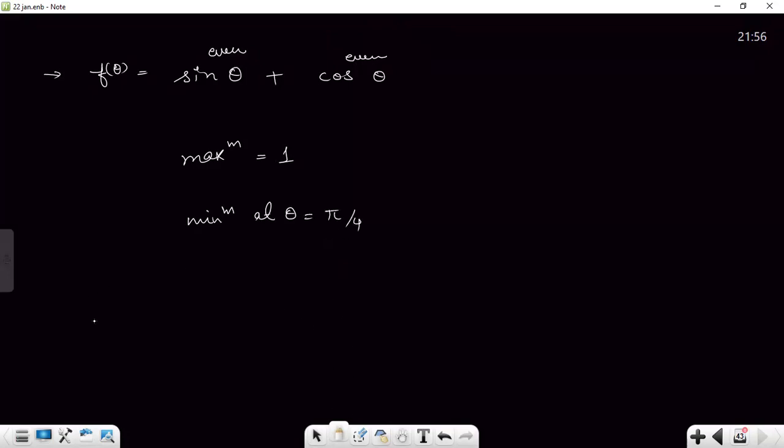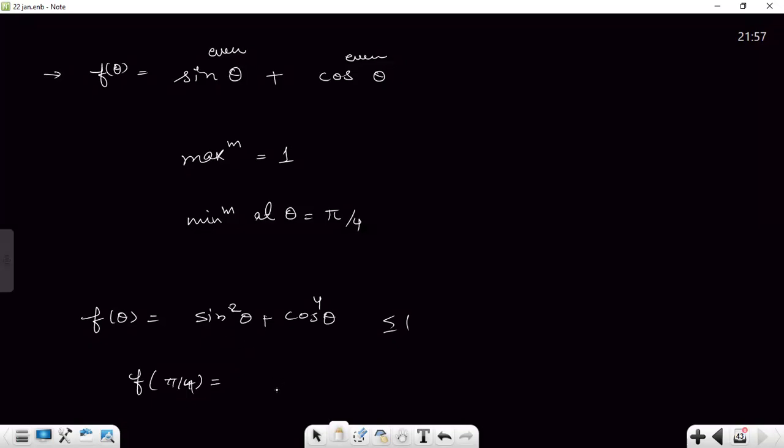Okay, let's take an example. If the function is sine square theta plus cos raised to power 4 theta, here the maximum value will be 1. Let's find out its minimum. For finding its minimum, we will replace theta by pi by 4.